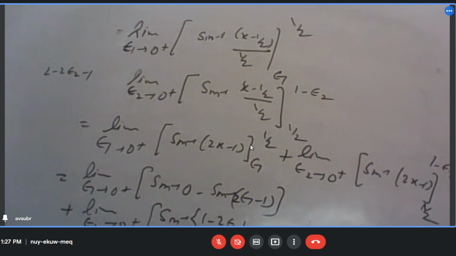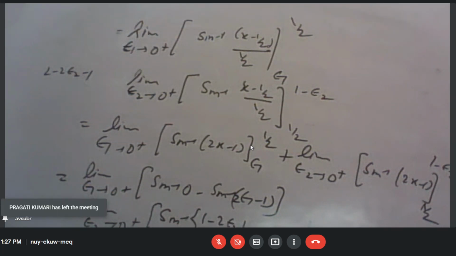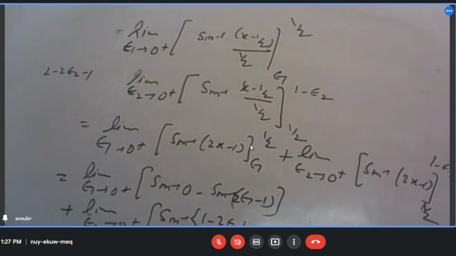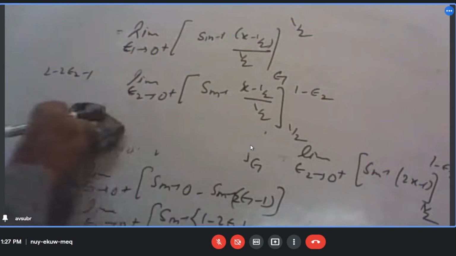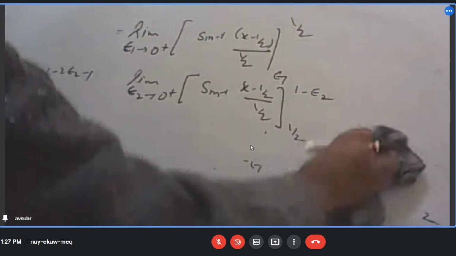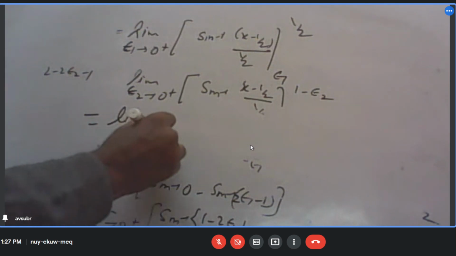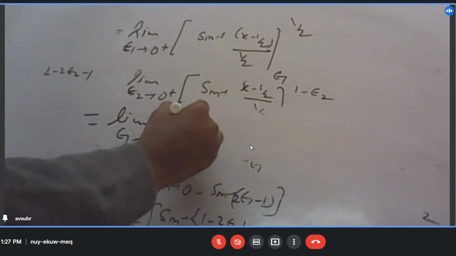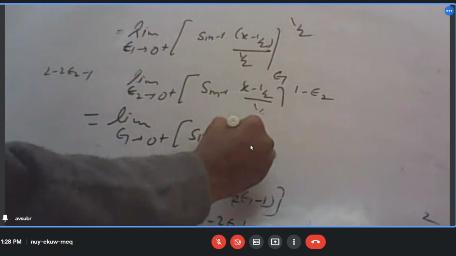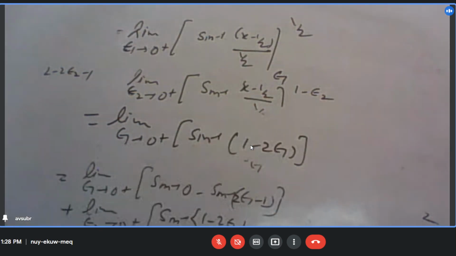Did I make some mistake? It won't be 0. I can write it like this also. Sine inverse 1 minus, can I write it like this?